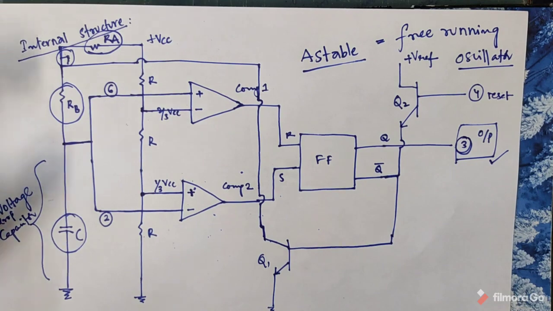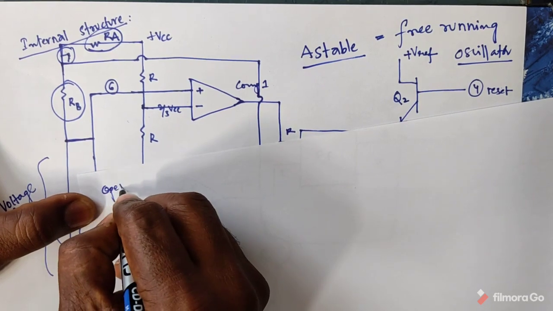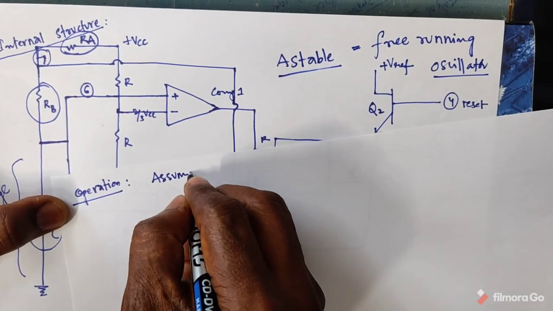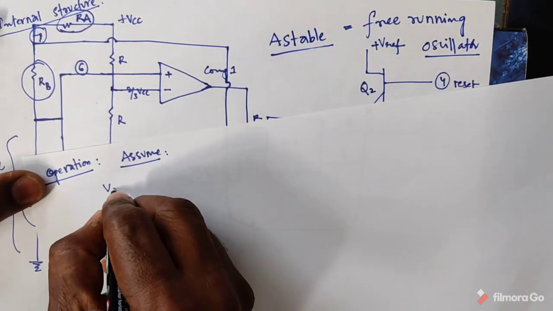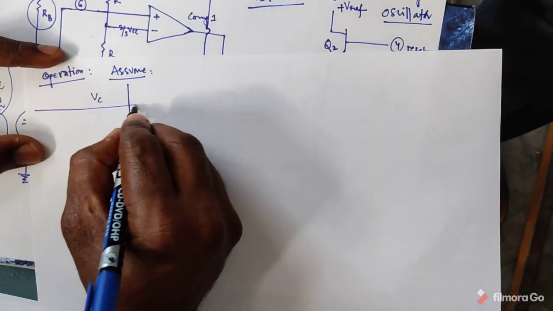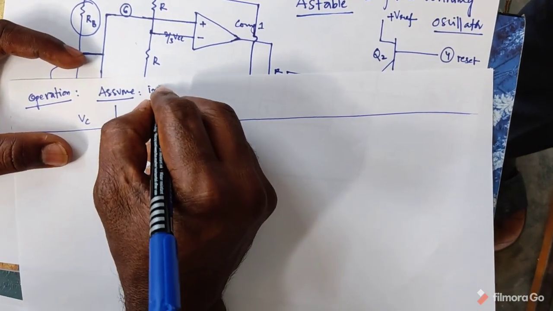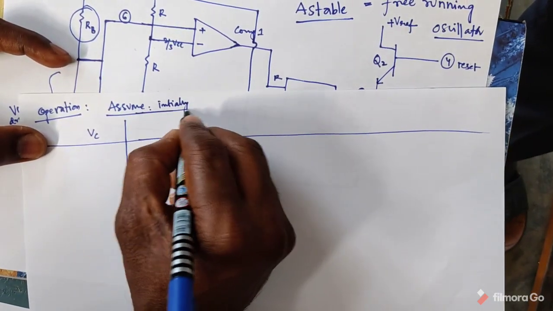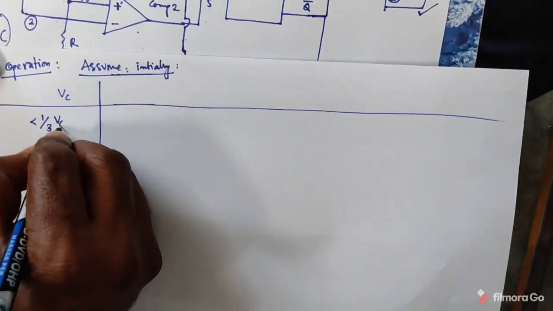That's why for operation purpose you better take the first condition, that is actual operation. Assume the first condition is that voltage drop across capacitor, that is VC value, assume initially is less than 1/3 of VCC.